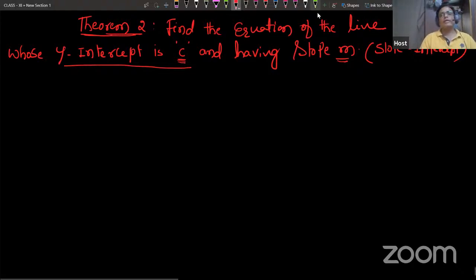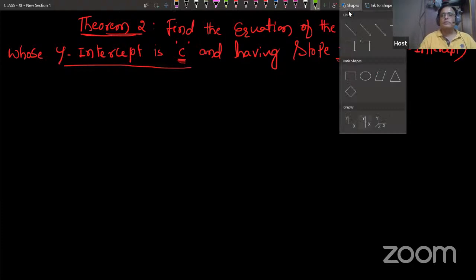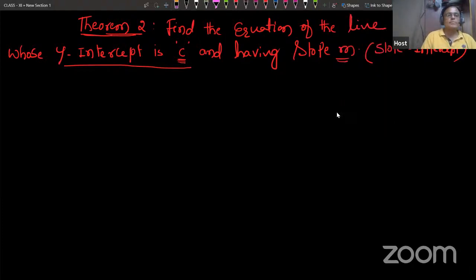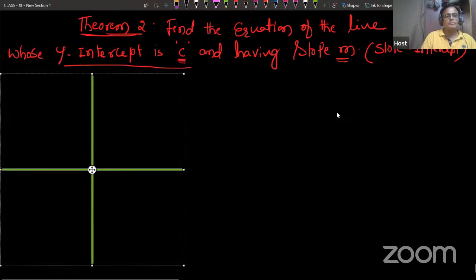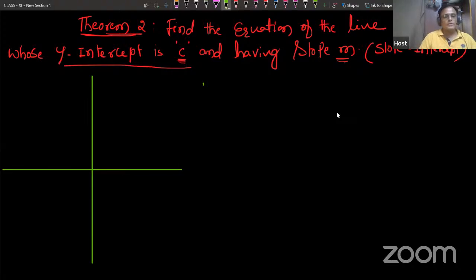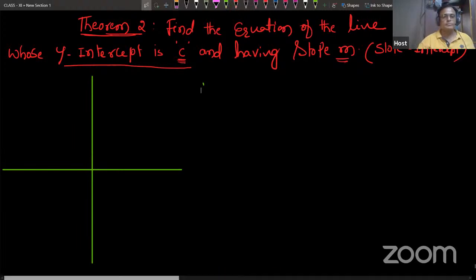So how can we derive this theorem? Look at it. First, let me draw the x and y axes here. A simple theorem, this. Now look here.